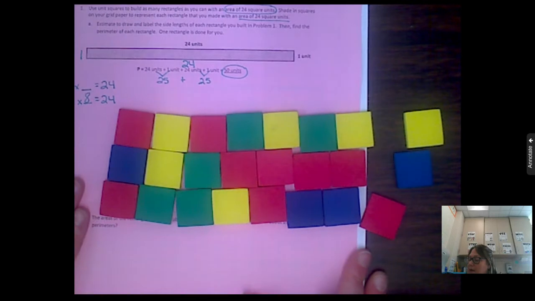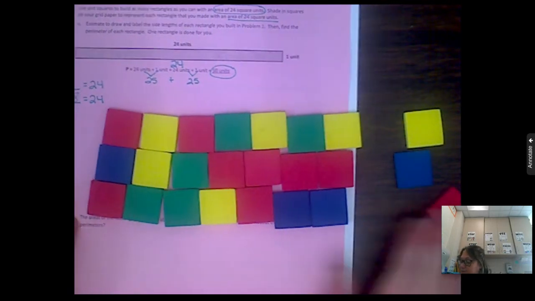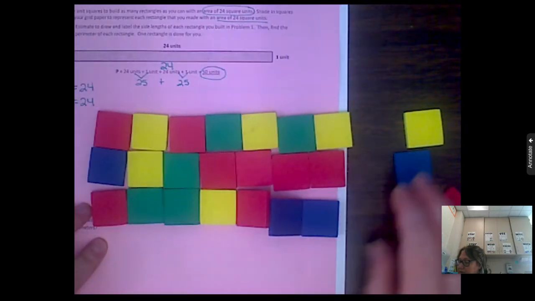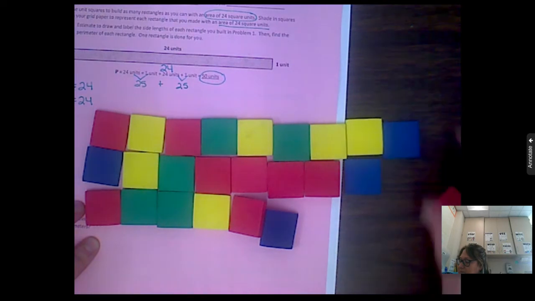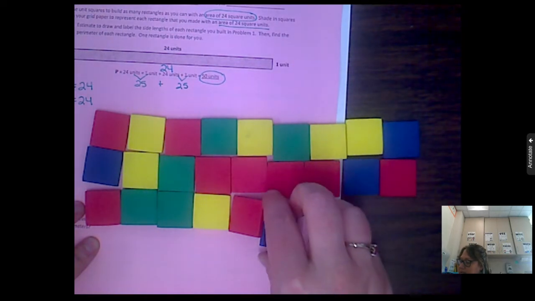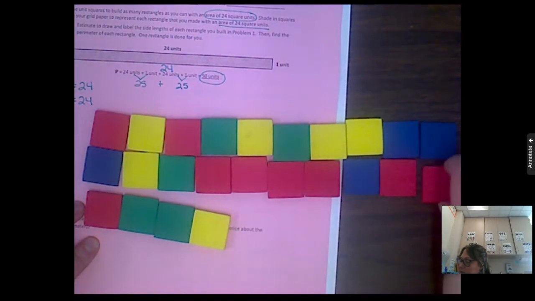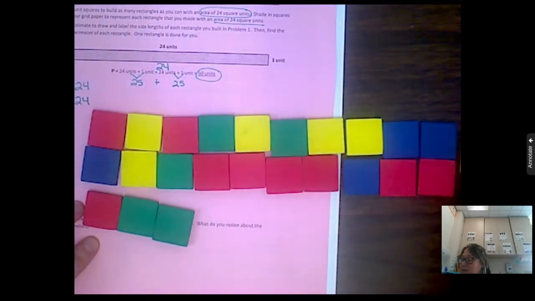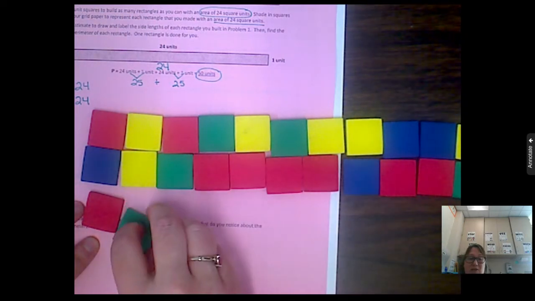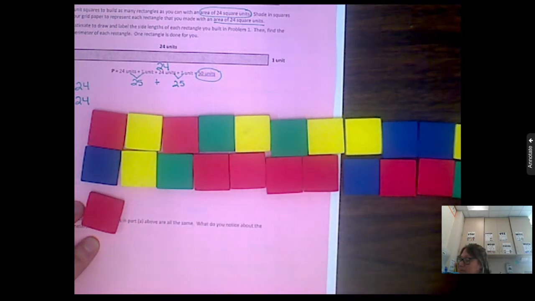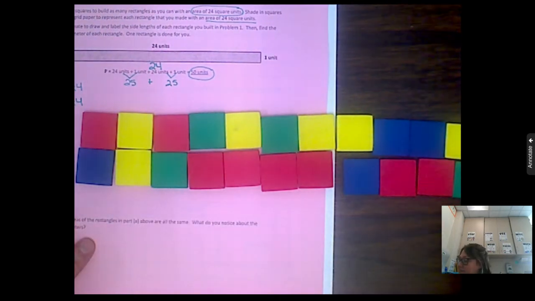Let's see, if I take away this third row, I take away that third row, and then I just keep adding to these 2 rows here, I can kind of see if 2 times anything would equal 24. And I could also just count by 2s and see if I can get to 24, which I know I should be able to because 2 is an even number. Whoop, it's not really fitting in here, is it?